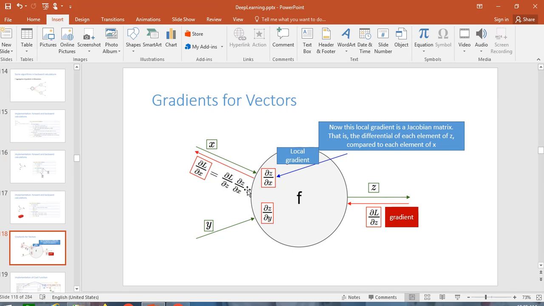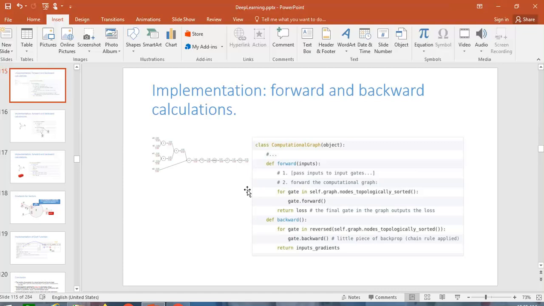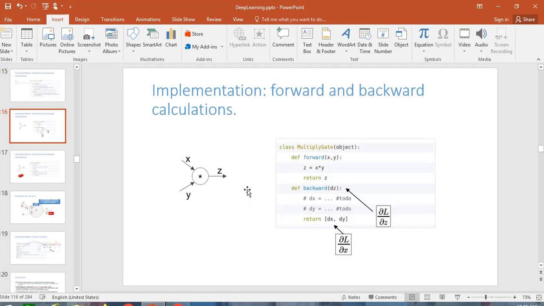Multiplication gate. In forward, we calculate the loss function, and in backward, TensorFlow calculates the differentials and adds them together, and it becomes the final result. This is the basis of TensorFlow.